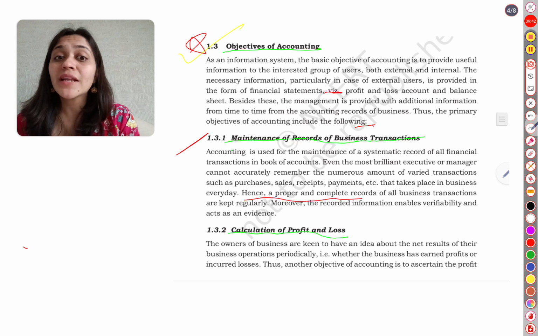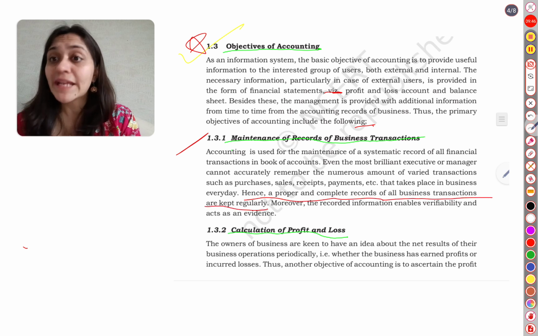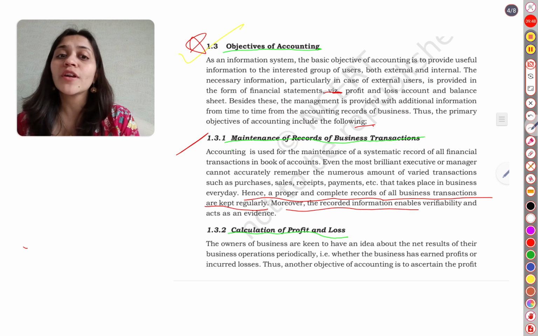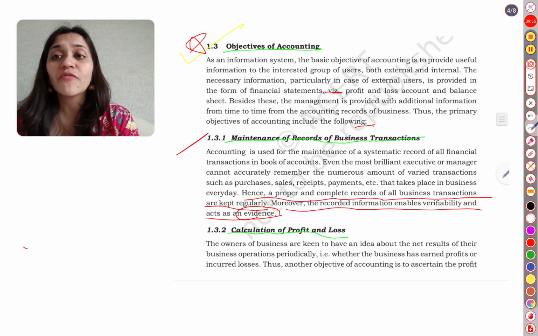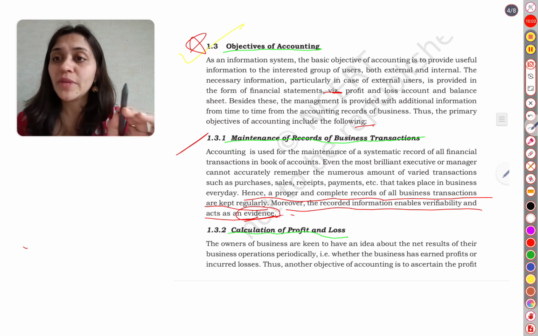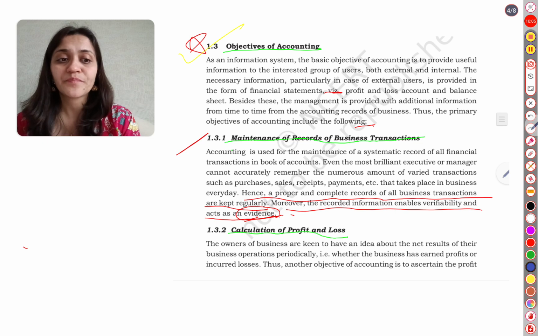Hence, a proper and complete record of all the business transactions is kept regularly. Moreover, the recorded information acts as evidence, as I told you, in front of a court of law. Evidence is always needed, so this has to be maintained and the work should be completed within regular period gaps.